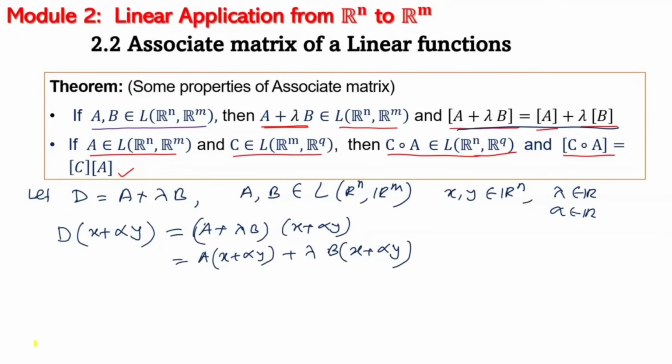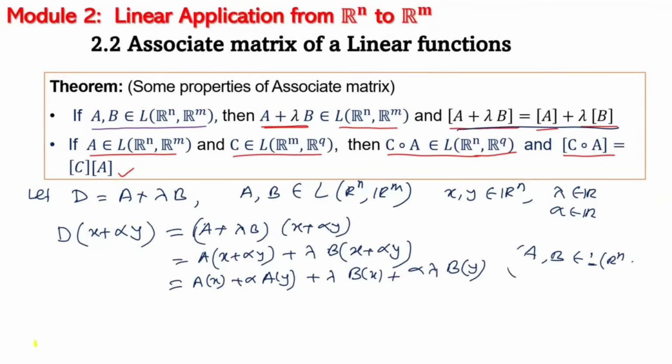Now what are A and B? A and B are linear. So therefore we can write this as Ax plus alpha Ay plus lambda Bx plus alpha lambda By, since A and B are linear from Rn to Rm. Now we will take it in a separate way and see how we can write it.